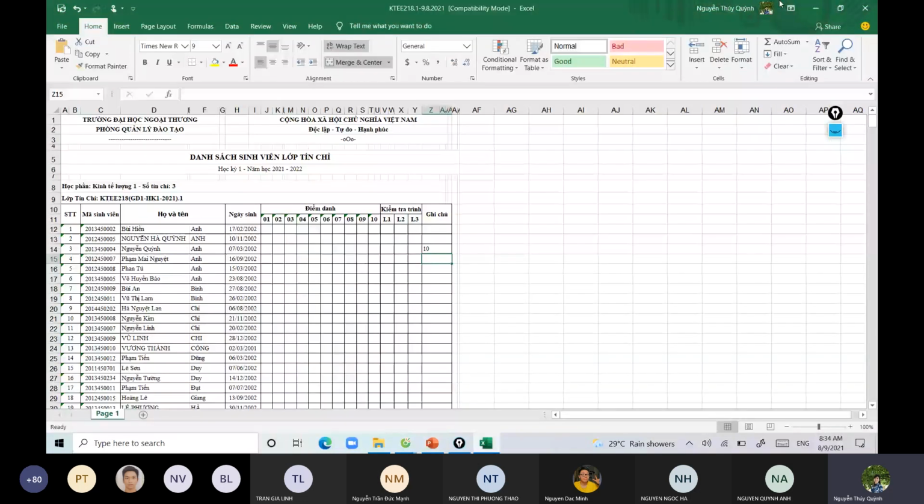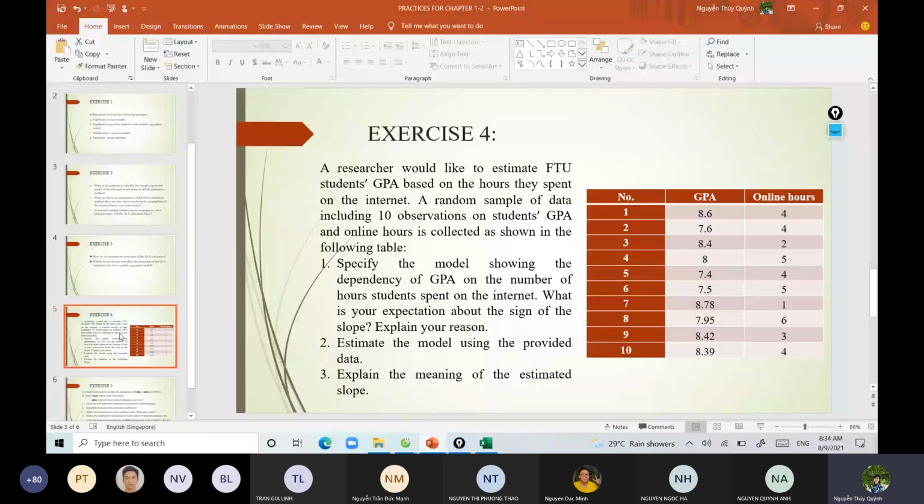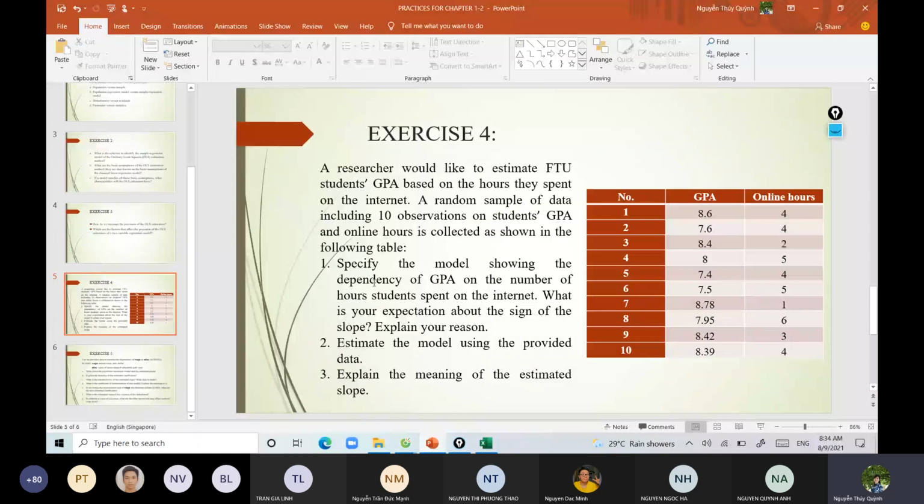Exercise 4 is a calculation exercise. All right, so researchers would like to estimate FTU students' GPA based on the hours they spent on the internet.